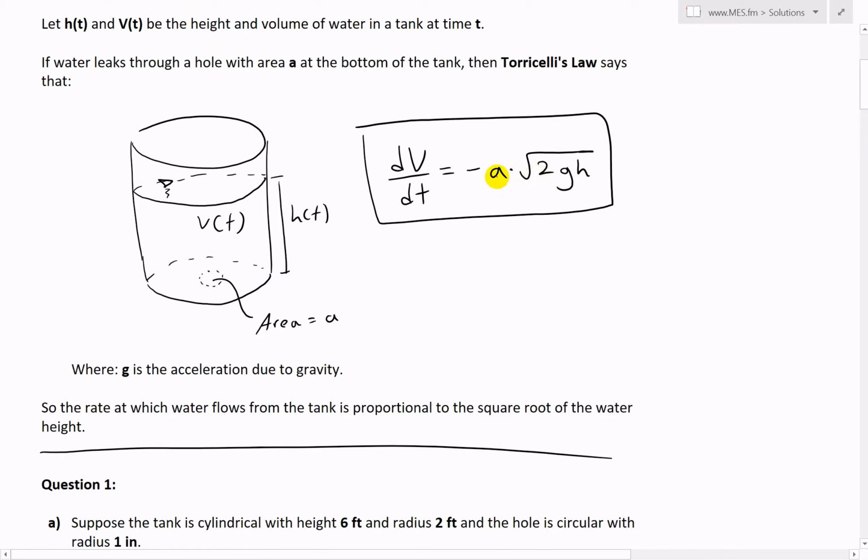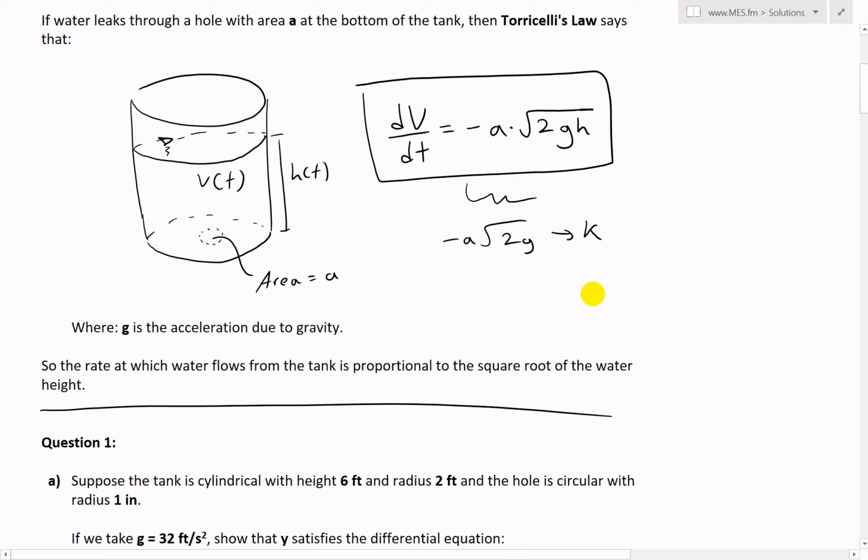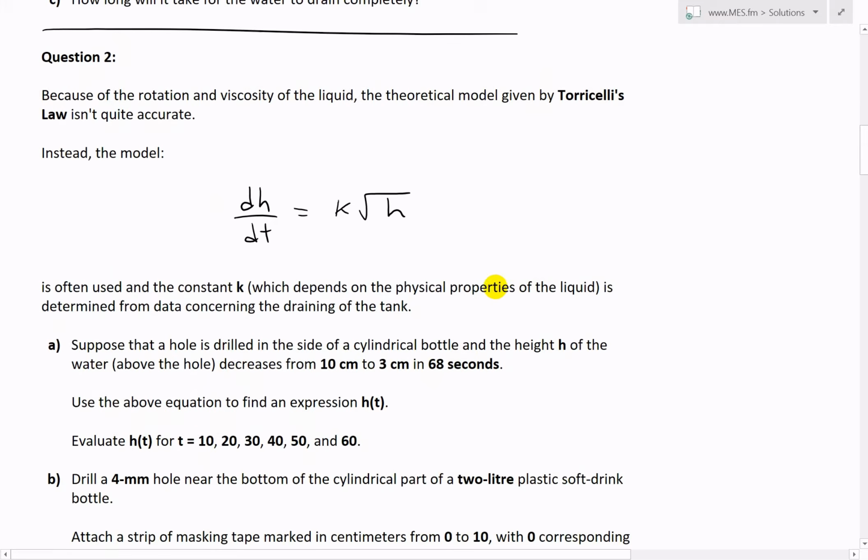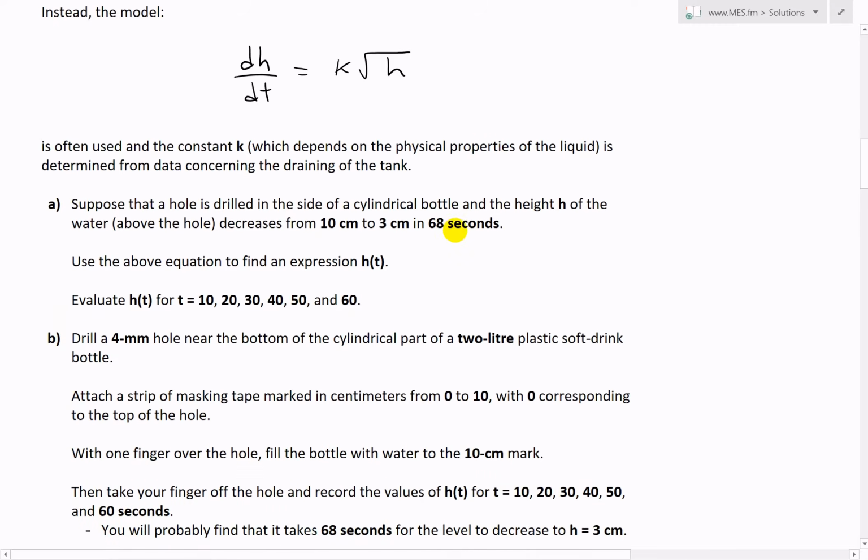The idea is to take this area and the square root of 2g and combine them all into a constant k, so that we're not dealing with these theoretical numbers, but instead just experimental data. That's where this k comes from.